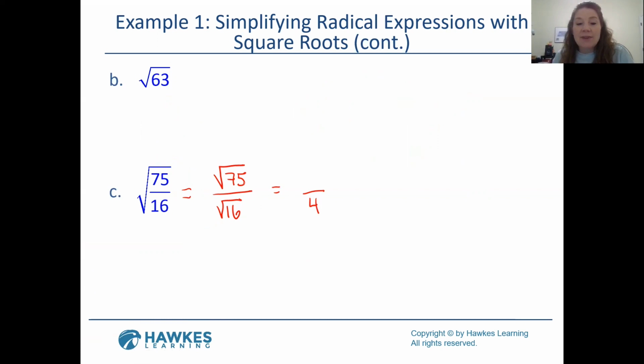And then 75, we're going to think, what is the biggest factor of 75 that's a perfect square? Well, 25 times 3 is 75, and the square root of 25 is 5, and 3 stays under the radical by itself, and that is our final answer.